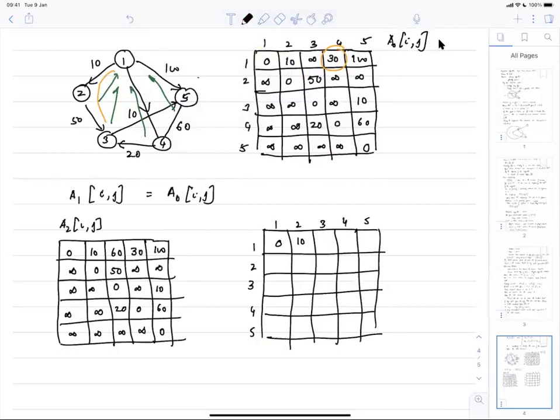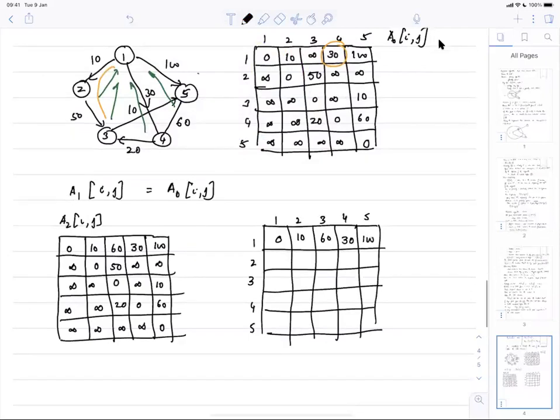And this is going to be 60 still. So I've included only 3 and there's no path from 1 to 3, 60, then 30, 1 to 4, there is a, sorry, this was 30, right? It's already there, 100.